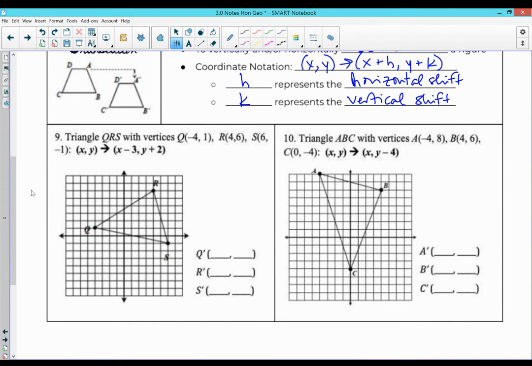Okay, so now we'll just practice that here. This gives us the rule of what we need to do with these original points. That means I'm subtracting 3 from all of my x values and adding 2 to all of my y values. So I'll subtract 3 from all of these first, and now add 2 to the y values. Now I will plot (negative 7, 3).